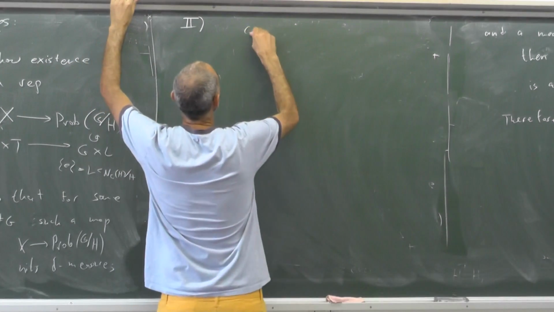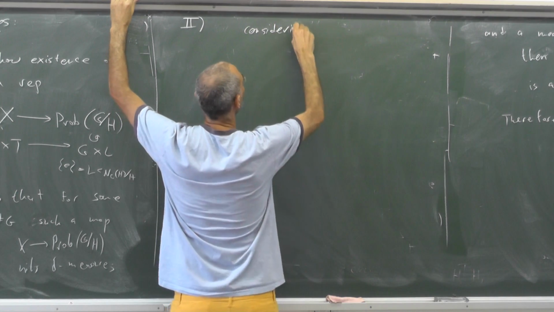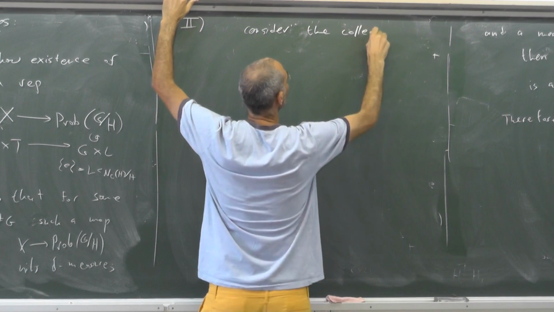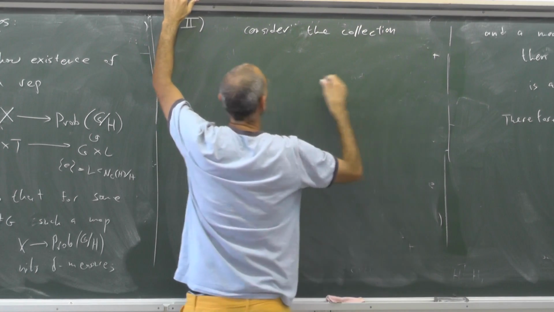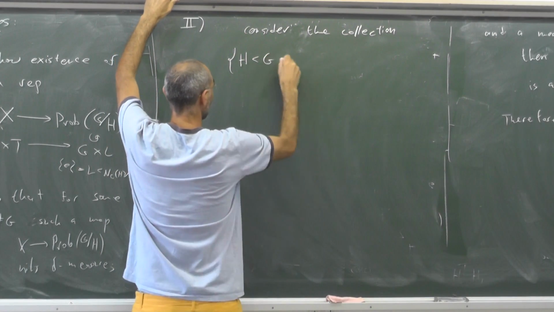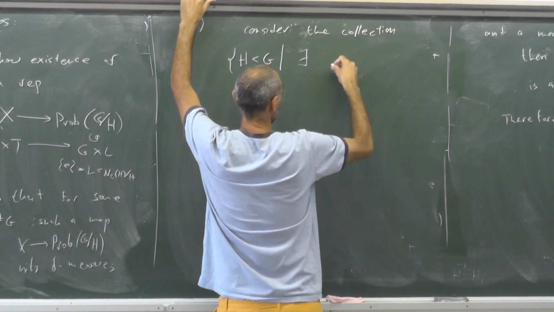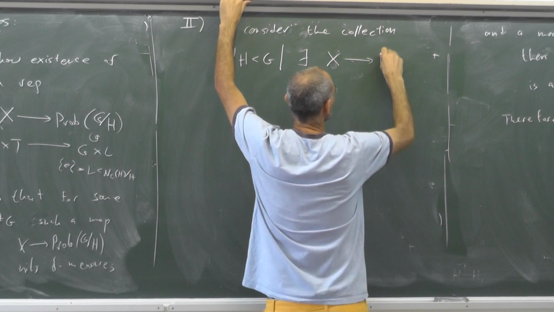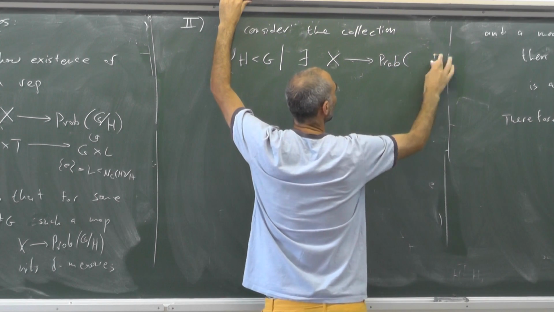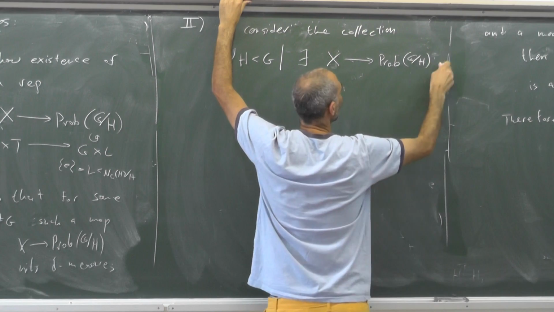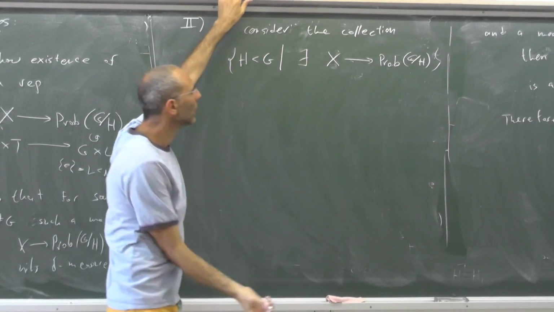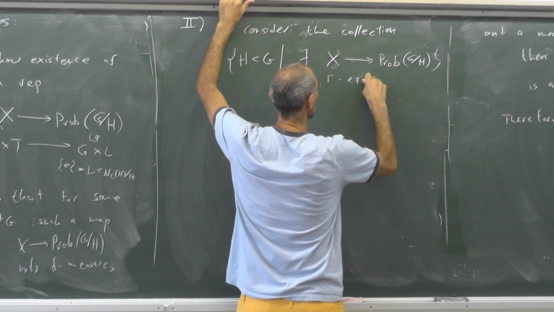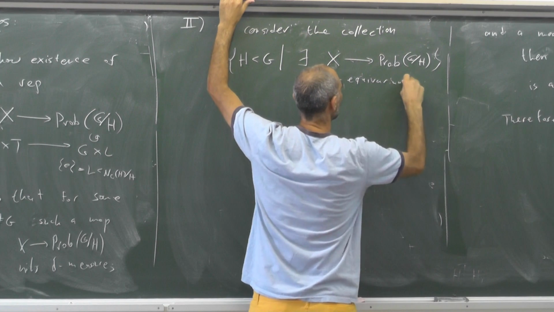So 2, consider, I'm doing the same thing that I know how to do. Consider the collection of all those H inside G, such that I can find a map at X. And all those maps are gamma equivariant, T invariant.